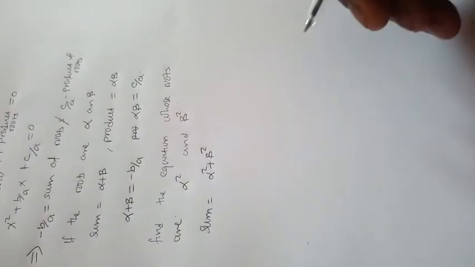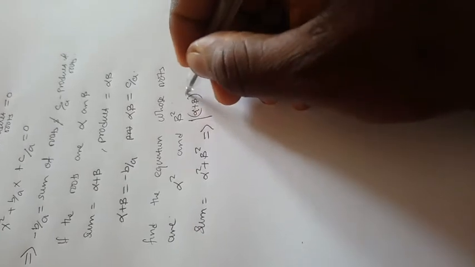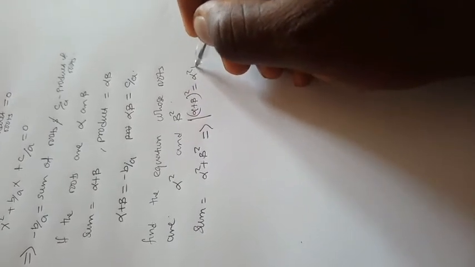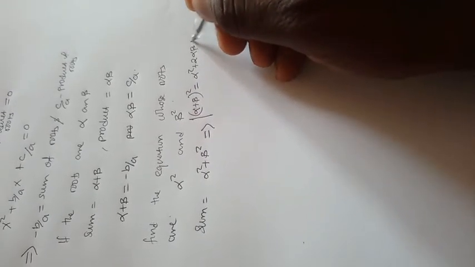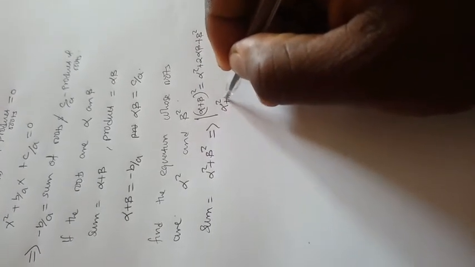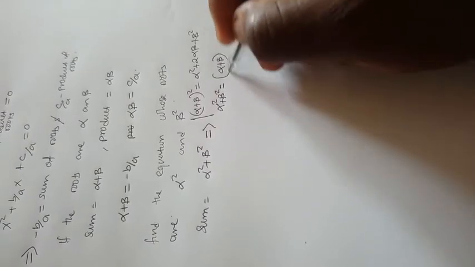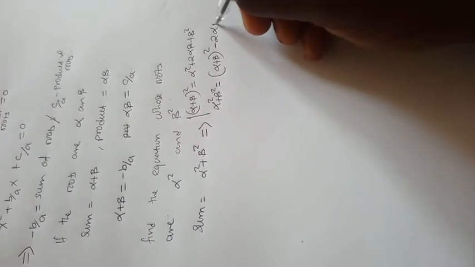It means the sum of these roots is alpha squared plus beta squared, which can be got from, if you recall, alpha plus beta squared. When you expand it, you get alpha squared plus 2 alpha beta plus beta squared. Thus, alpha squared plus beta squared can be attained from alpha plus beta squared minus 2 alpha beta.